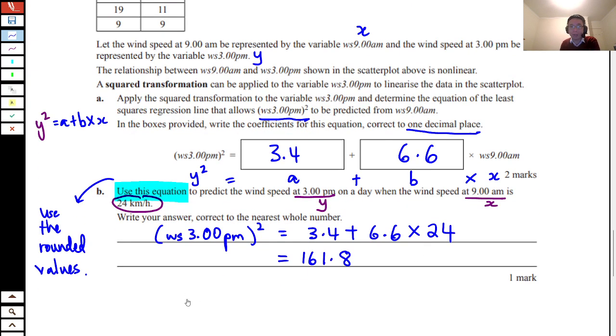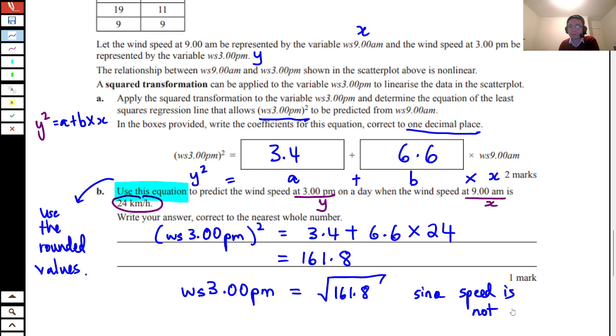Now don't stop there, because we want the wind speed without the square. So, and again, speed can't be negative, so it's just the positive square roots. You don't have to write this, but I'm just showing you for your benefit.